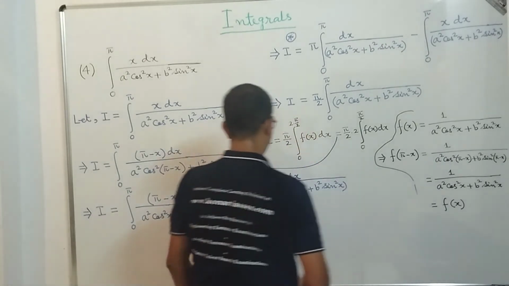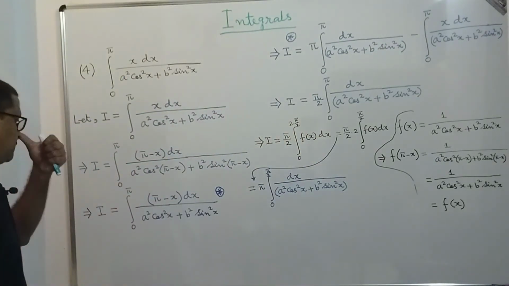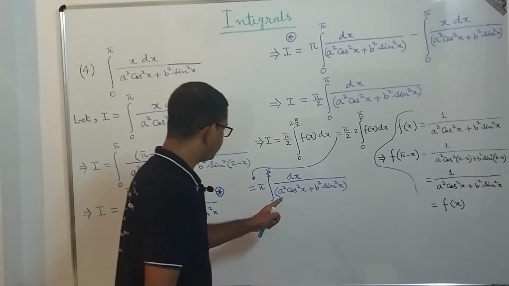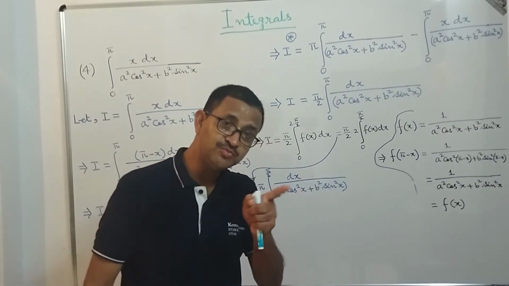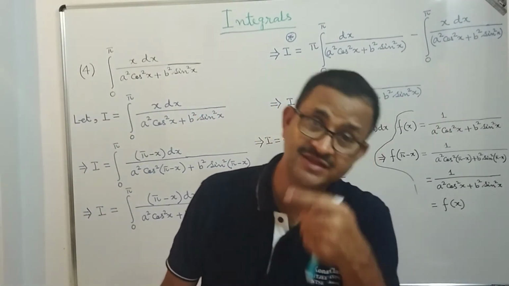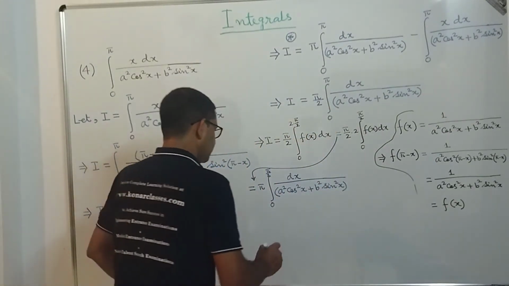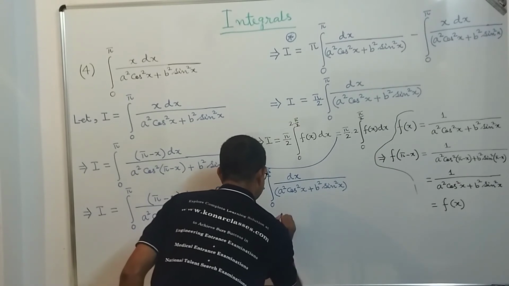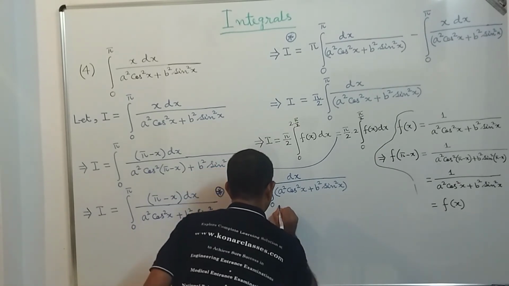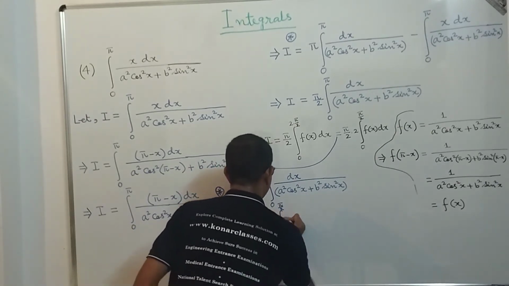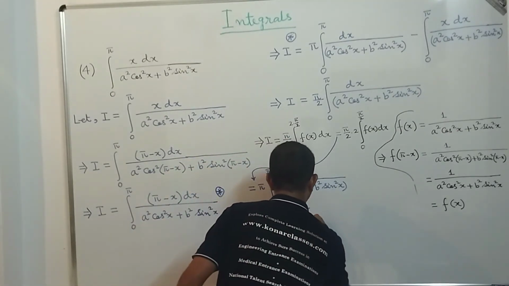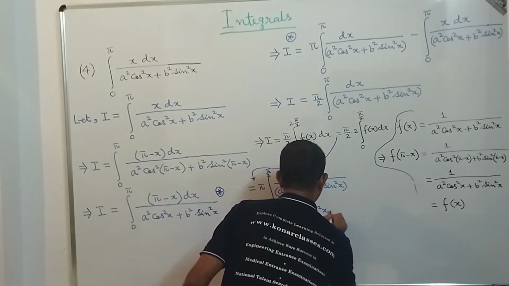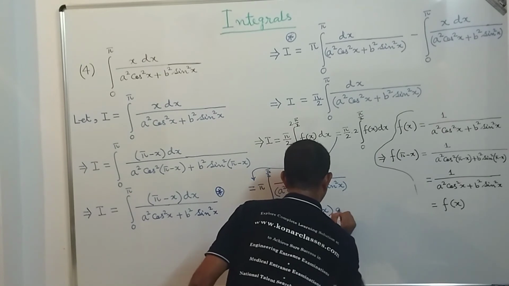Okay, now we need to find the value of this integration. For that, dear students, we should multiply both numerator and denominator by sec square x. Then this is equal to pi integration 0 to pi by 2. Multiplying the numerator by sec square x, we get sec square x dx.